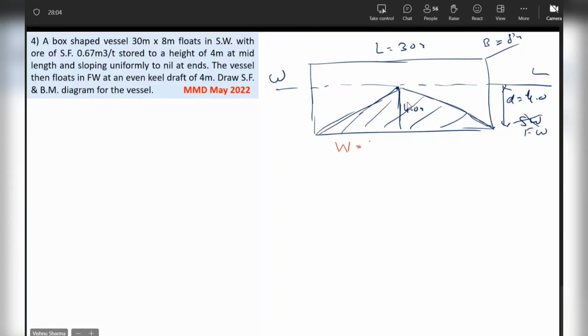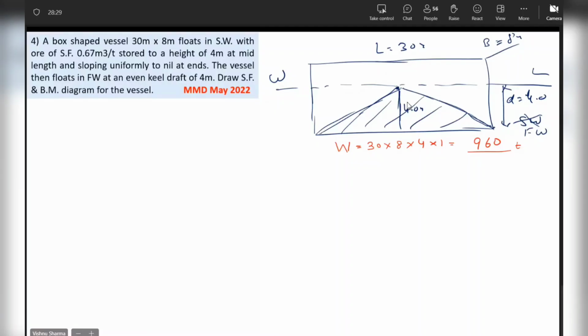What to multiply with what? 30 into 8 into 4 is the underwater volume. It is in fresh water, so many tons. Can you please use your calculator and give me the load displacement? 960. If anybody is not aligned with any of the steps, interject then only, beta.